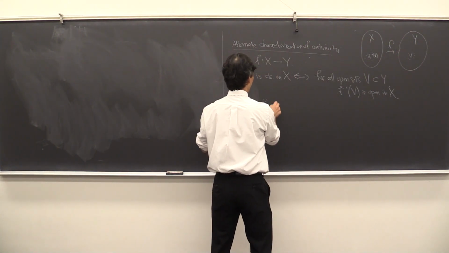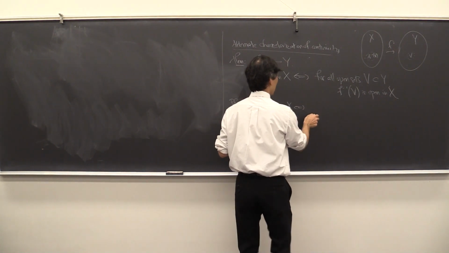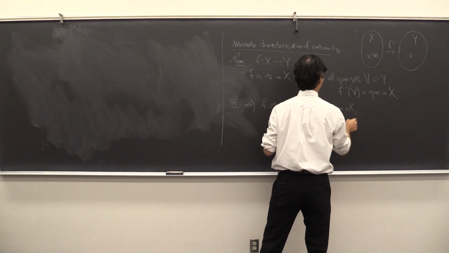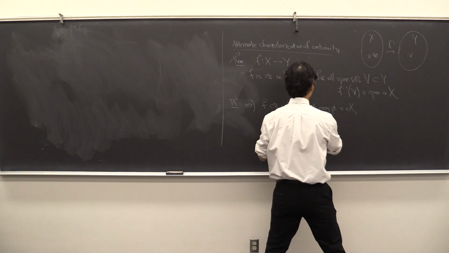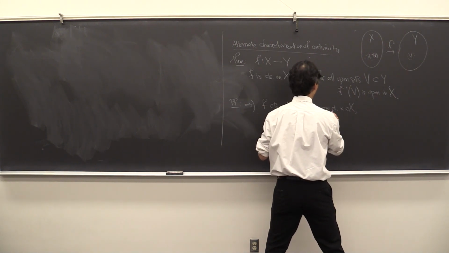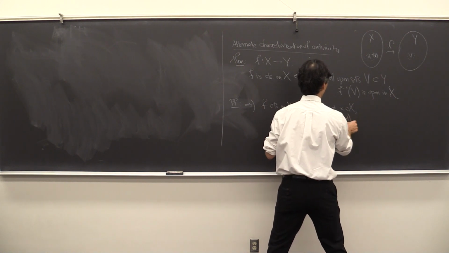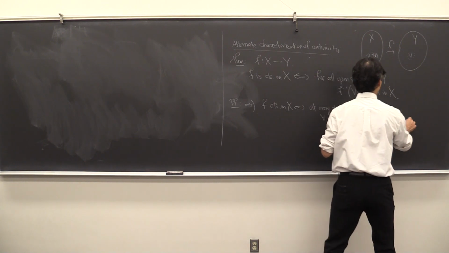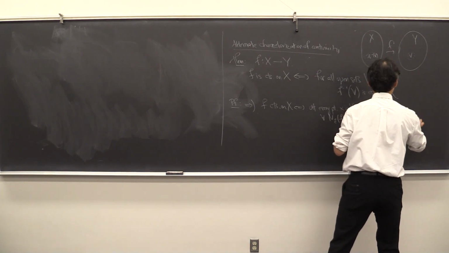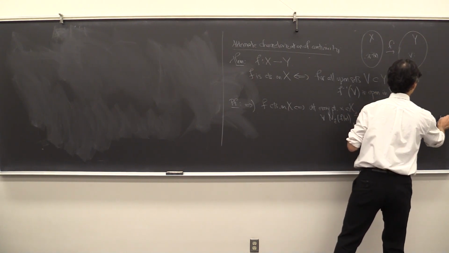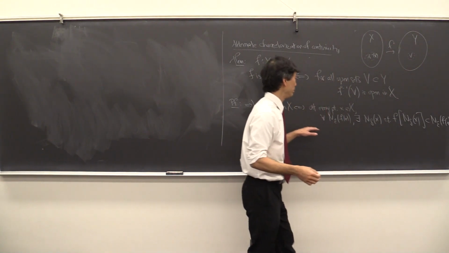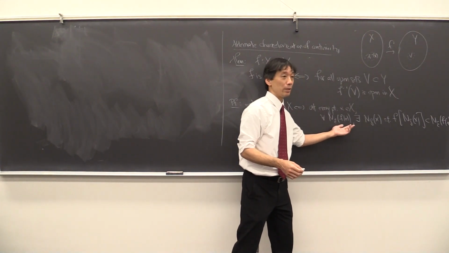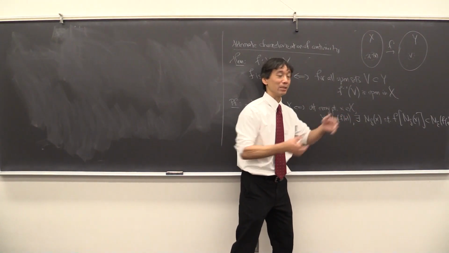So f continuous on X is the same thing as saying that at every point x in X, you have the continuity property: for all epsilon neighborhoods of f(x), there exists a neighborhood of x such that the image is contained in the epsilon neighborhood. That's what continuity means. Given any point, you can play this game of finding the neighborhood that gets mapped inside the other neighborhood.